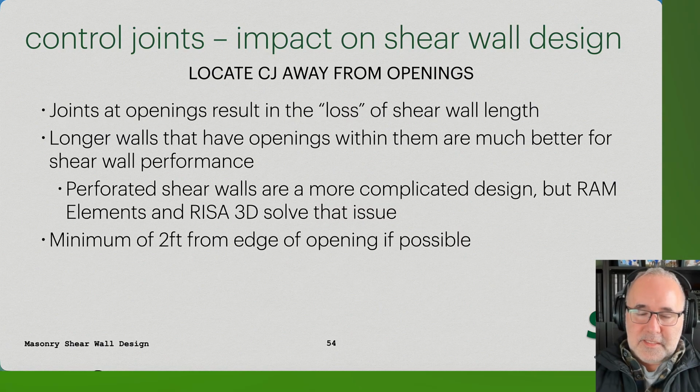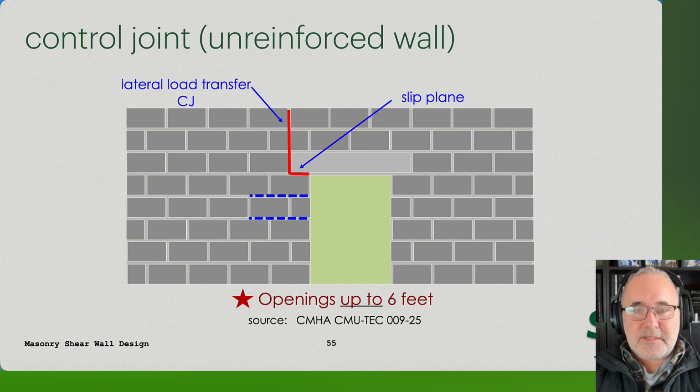So just a really quick example of this. If we look at an elevation in an unreinforced wall, the code does allow us to put those joints right at the opening. And that's, again, when we have a purely unreinforced design, that's when we would look at maybe having a control joint in that location. But that's not typical for most of our structural walls.